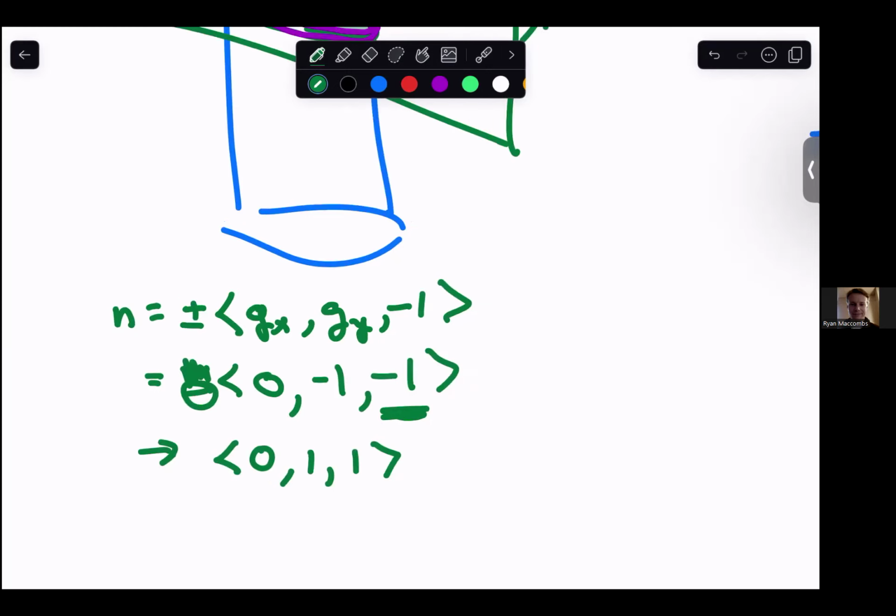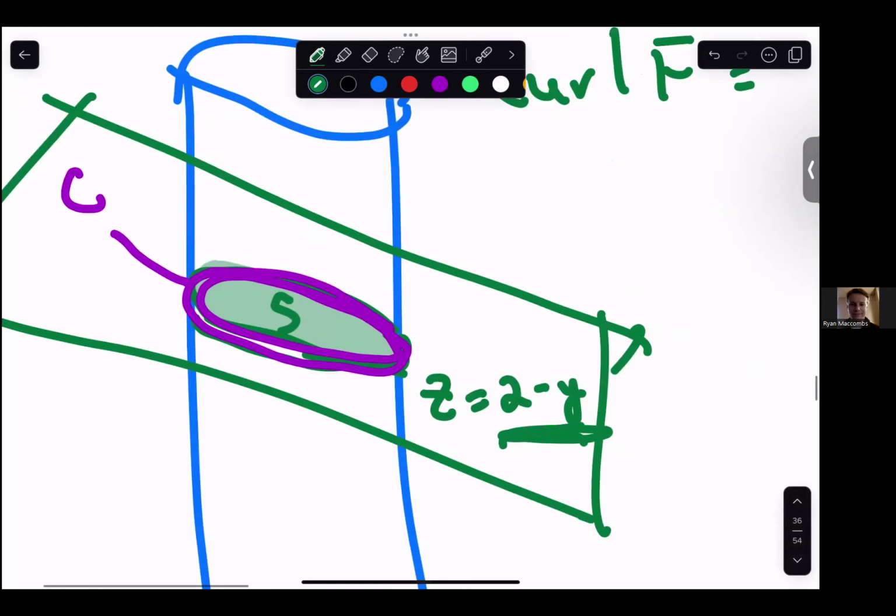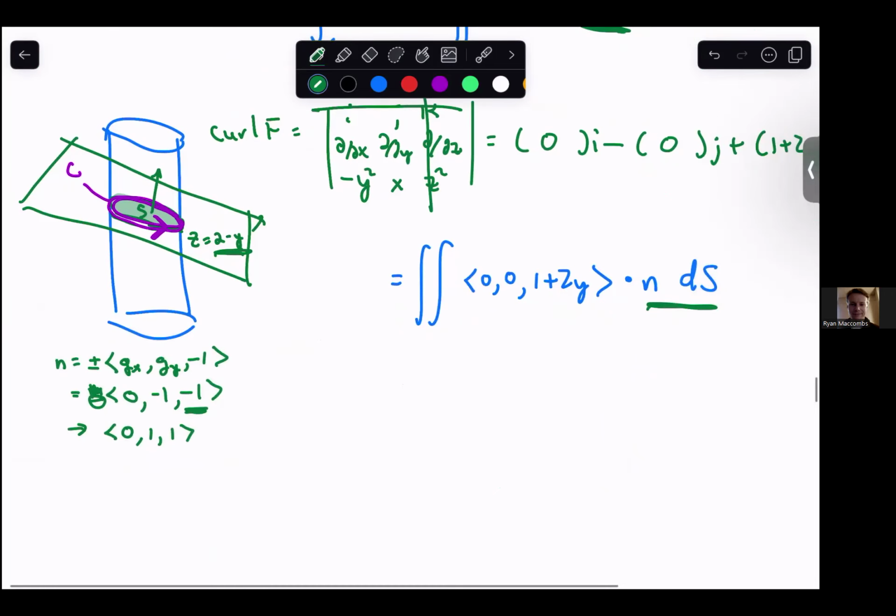So now if I check again with the orientation, we said that the curve C should be going around in this counterclockwise direction when viewed from above. If I take out my right hand and rotate my fingers around in the direction of this curve, we can see that my thumb points in this upward direction. So again, it should be positively oriented there. So my normal vector in this case is going to be, let's write all this other stuff, but this is going to be dot 0, 1, 1.